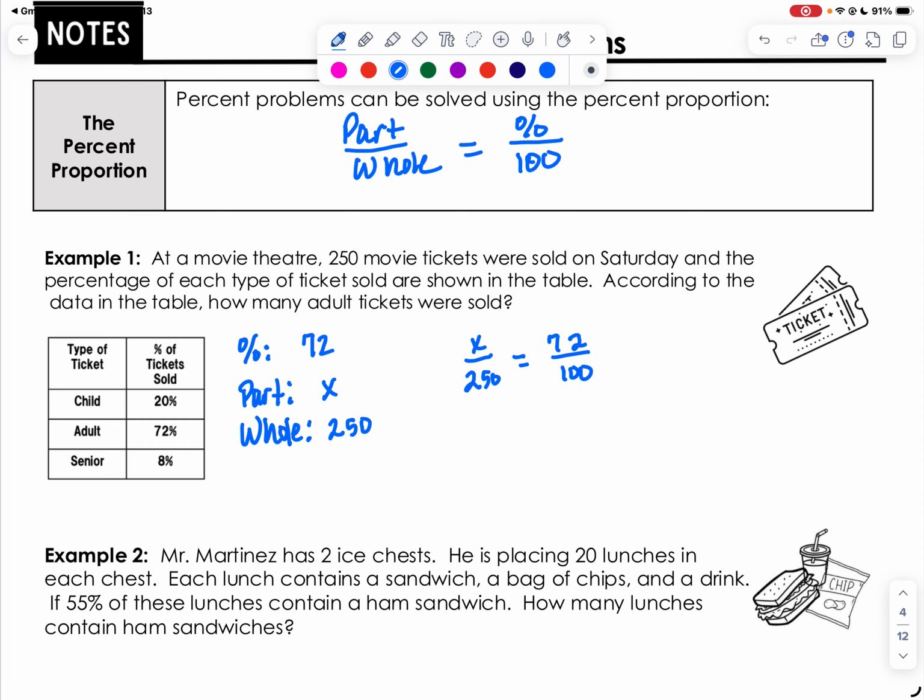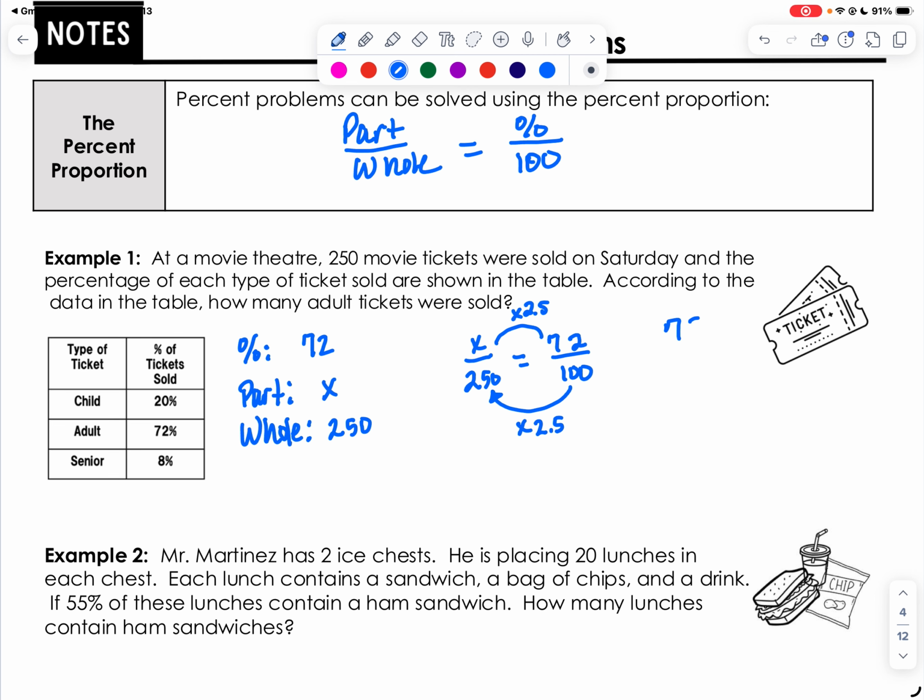So I want to look at my proportion here and see if I can easily determine my scale factor. So if I'm looking at this, I can clearly see that to get from 100 to 250, I would have to multiply by 2.5. So we have a scale factor of 2.5. So if I multiply the denominators by 2.5, I can also multiply the numerators by 2.5 to find my missing value.